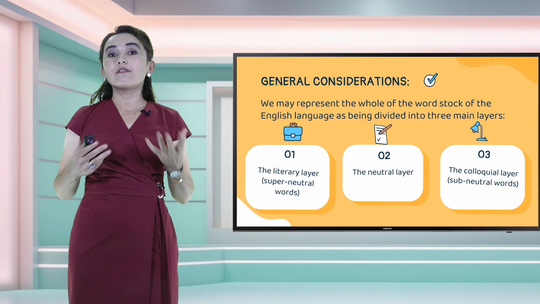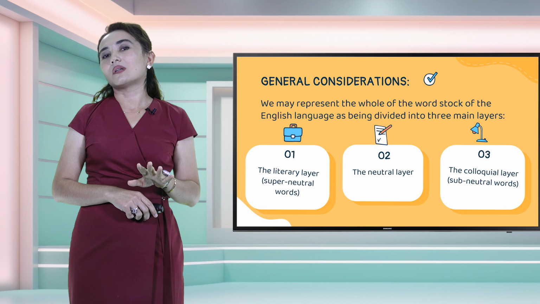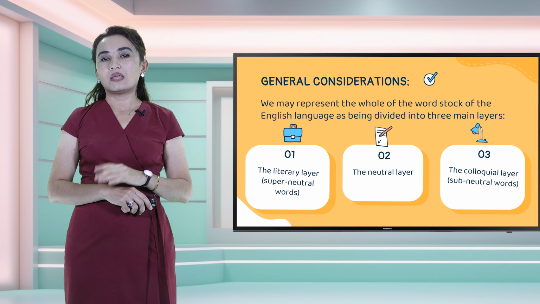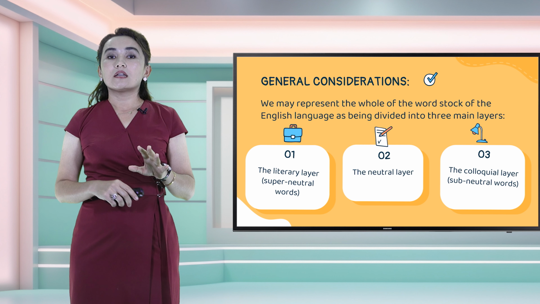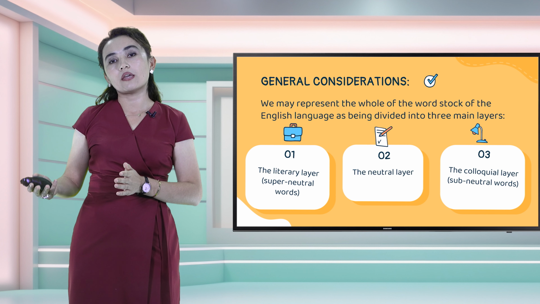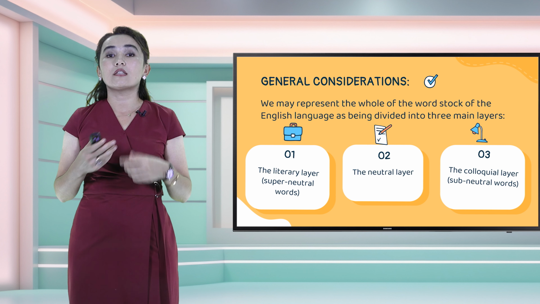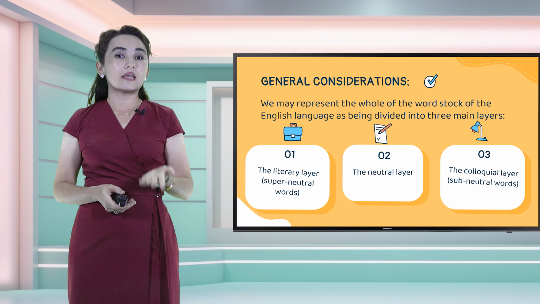The common property of the colloquial layer of words is its lively spoken character, which makes it unstable and fleeting. Because the words that belong to the colloquial layer are used mostly in spoken language.